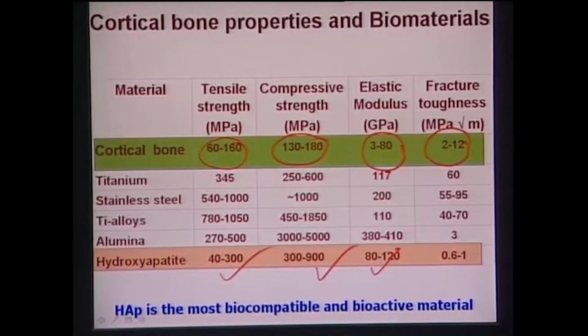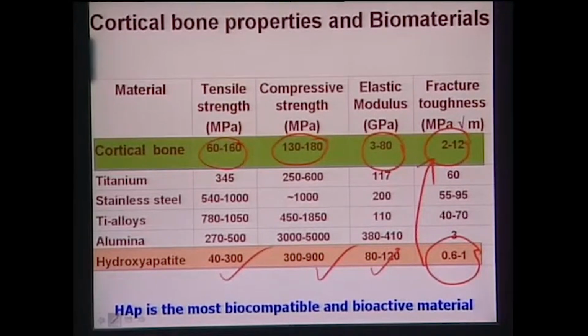However, if you look at the fracture toughness of cortical bone and the fracture toughness of hydroxyapatite, then the fracture toughness of hydroxyapatite does not even touch the lower bound toughness of cortical bone. So that was the point to be noted here, and why I am putting so much emphasis on hydroxyapatite: because hydroxyapatite is the major inorganic component of natural bone.